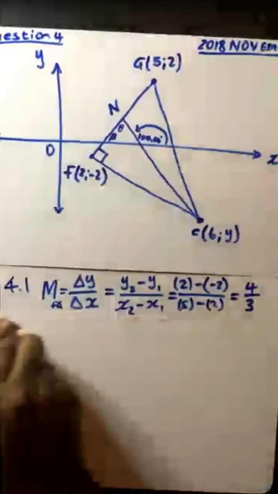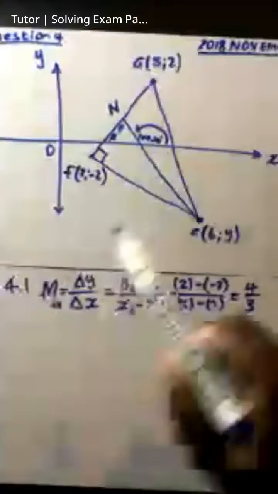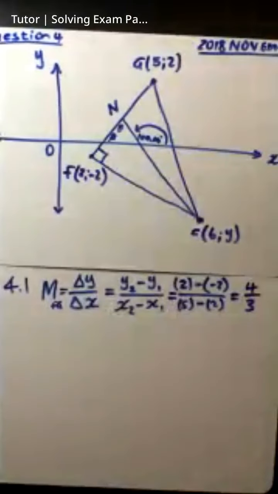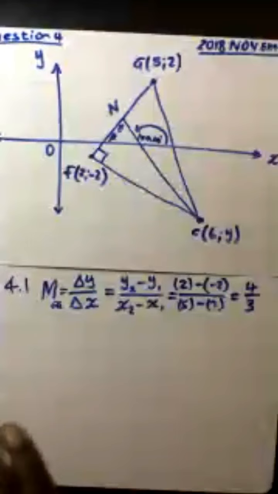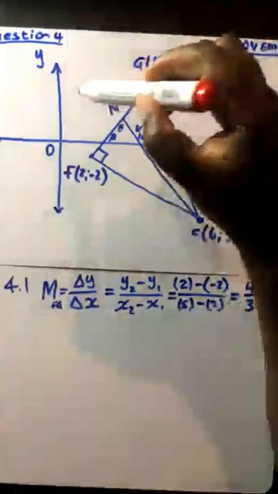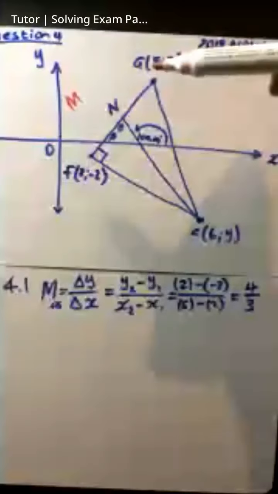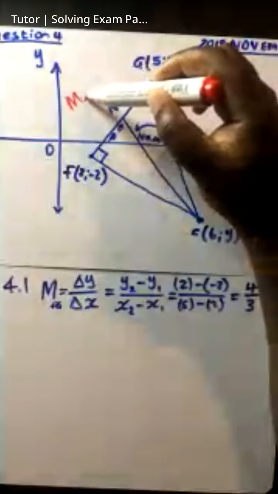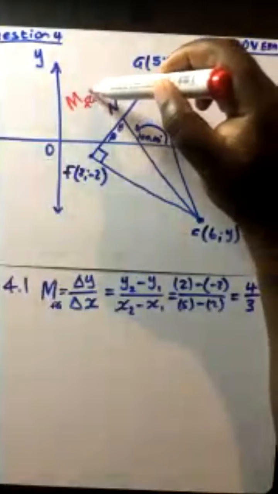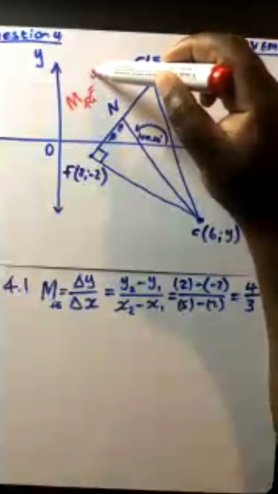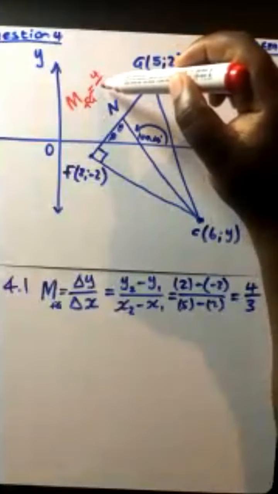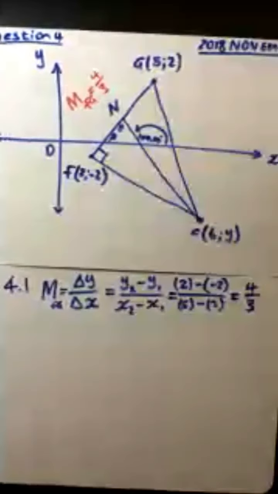So guys, it's very, very important that we write it down over there. The reason is that we want to be able to see the calculated values versus the given information. So the gradient of FG is equal to positive 4/3.